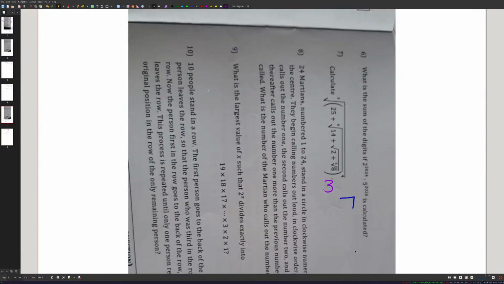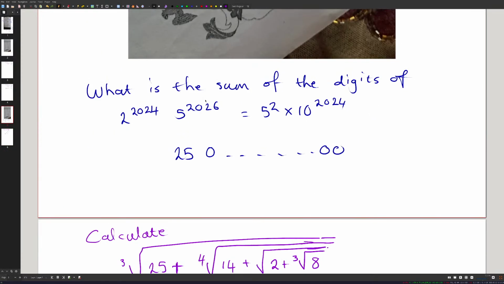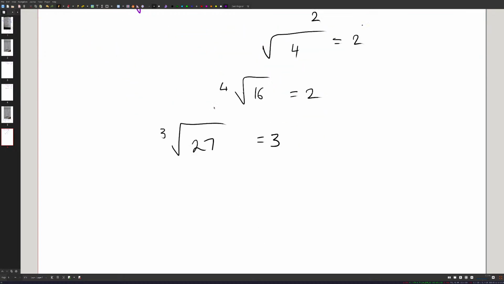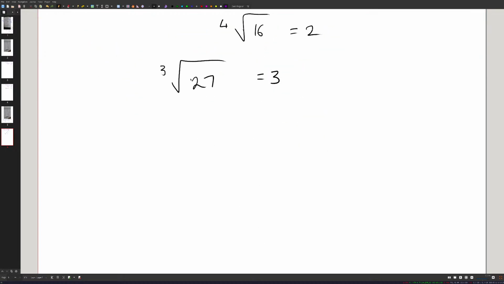Okay, so the first one calls out, yeah, they're numbered 1 to 24. The question is just what's the remainder when we divide 2024 by 24.